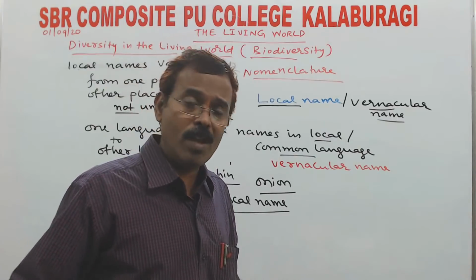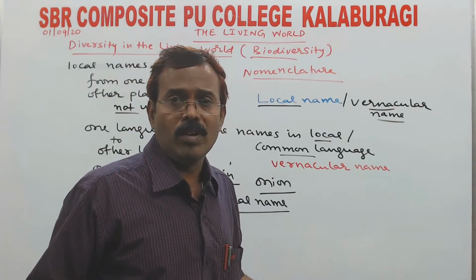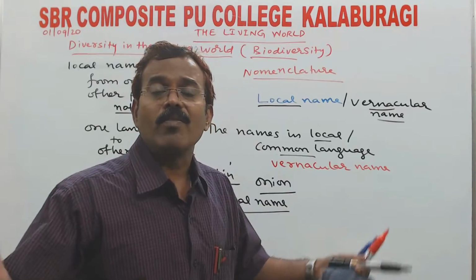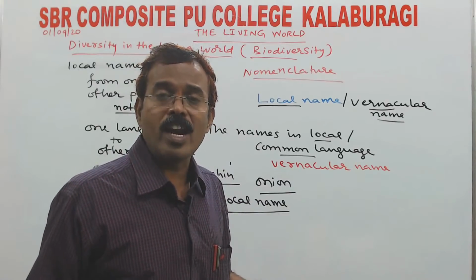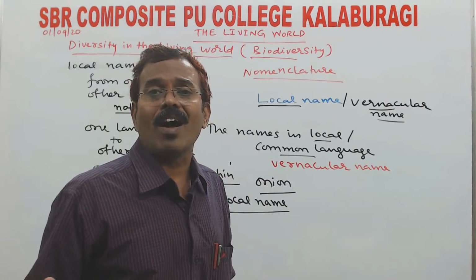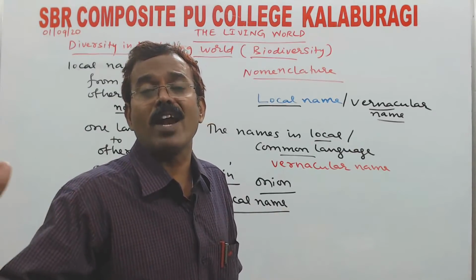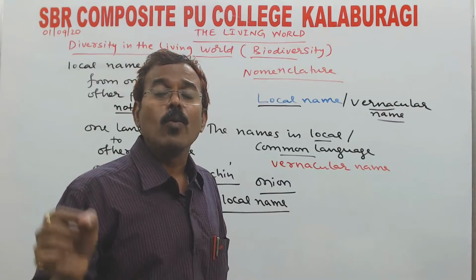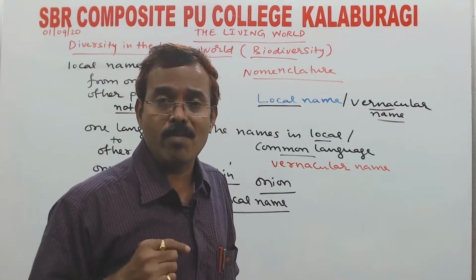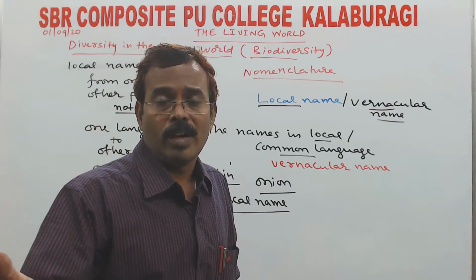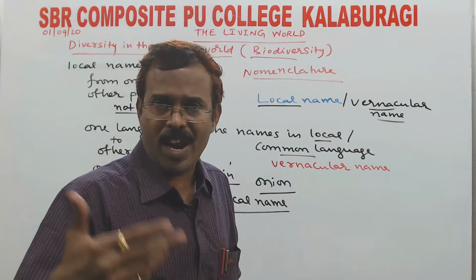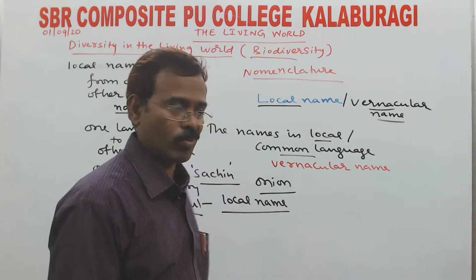So by giving local names, it is creating confusion. We are unable to understand the concepts clearly with respect to a particular plant or animal. That's why we have to give the scientific name, which should be in accordance with the rules and regulations given by the agencies.